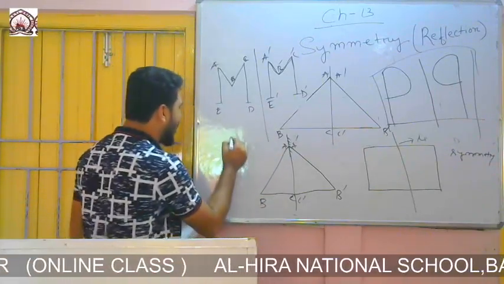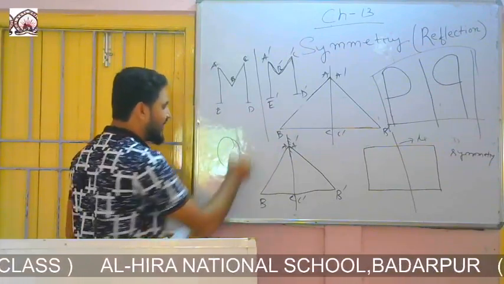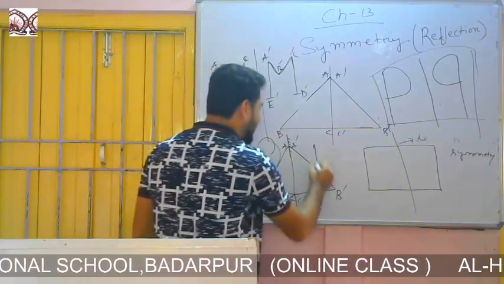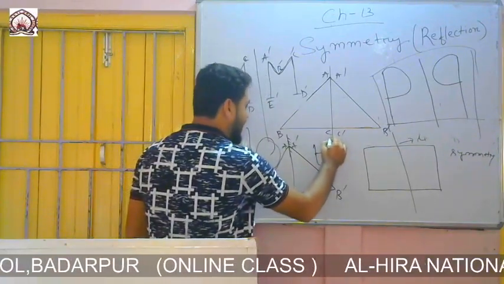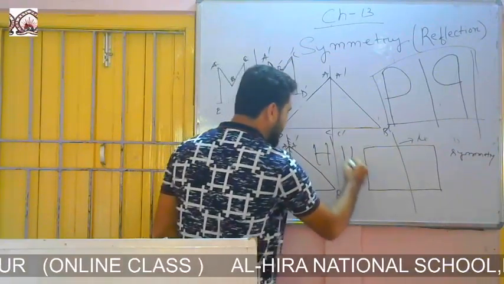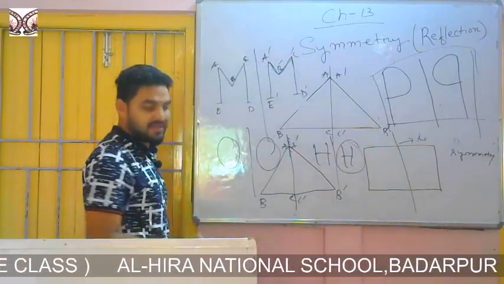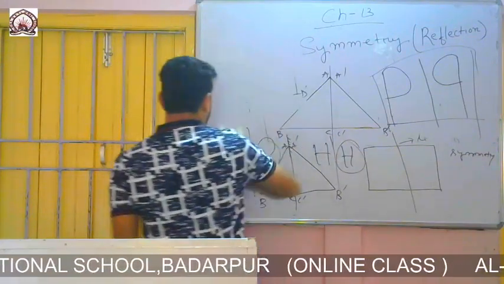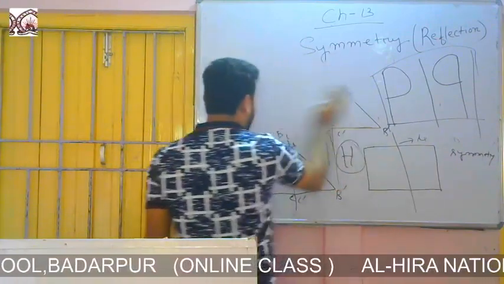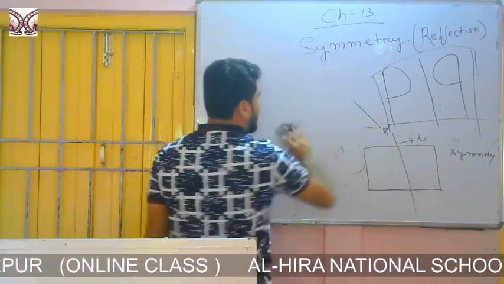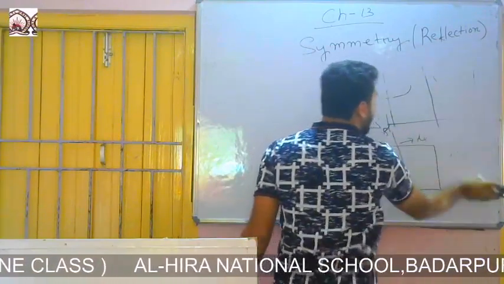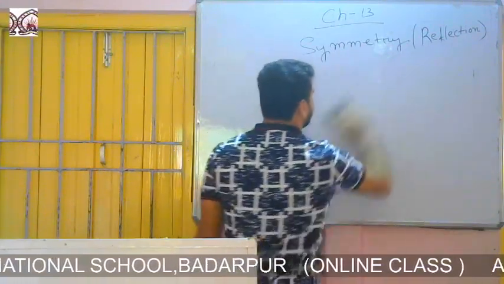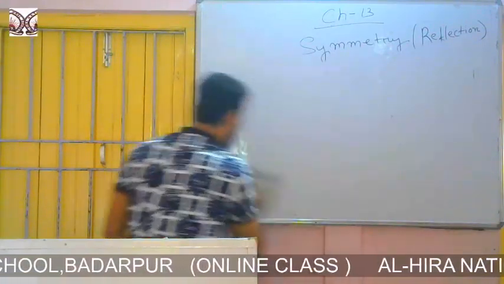If I take O and put a mirror, again we'll get O. If I take H and put a mirror, again I will get H. That means the shapes which are symmetrical don't change after reflection. Now we shall start exercise 13a and solve the problems.